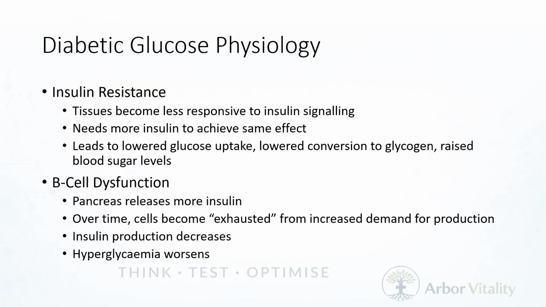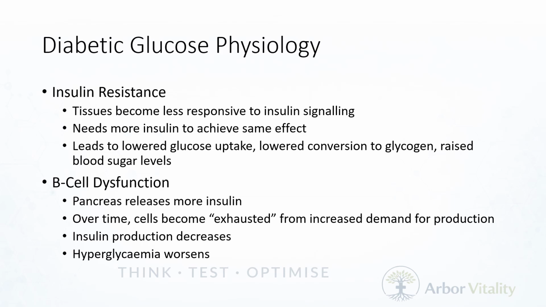In addition to this now, because you need more insulin to achieve the same effect, your pancreas can become quote-unquote exhausted from the increased demand for production, and then because of this increased production and the failing, eventually your production will actually decrease.